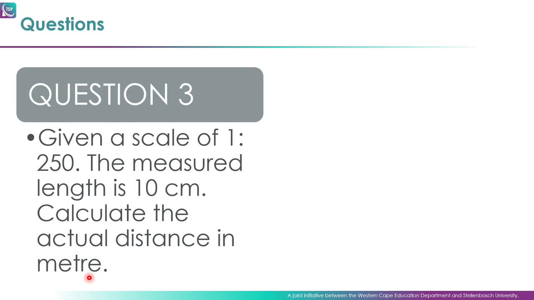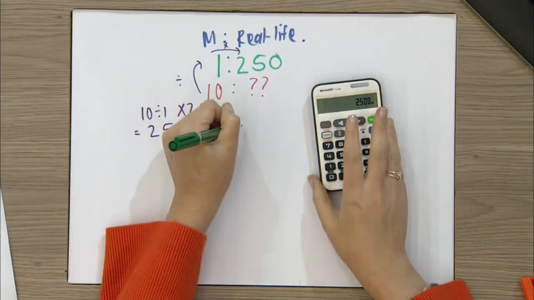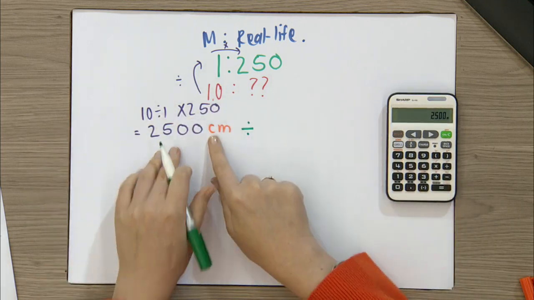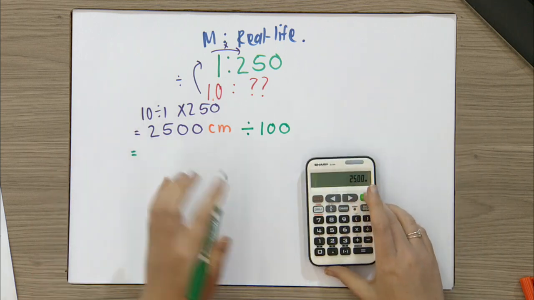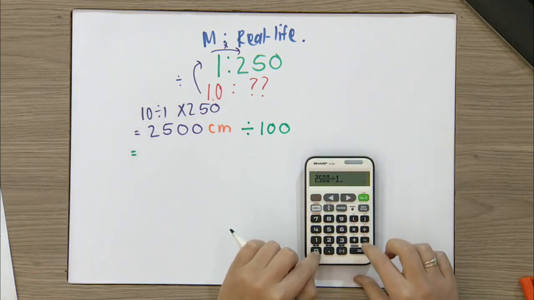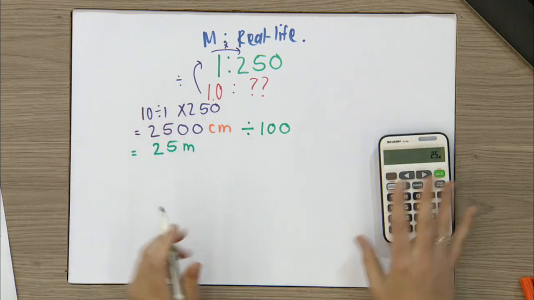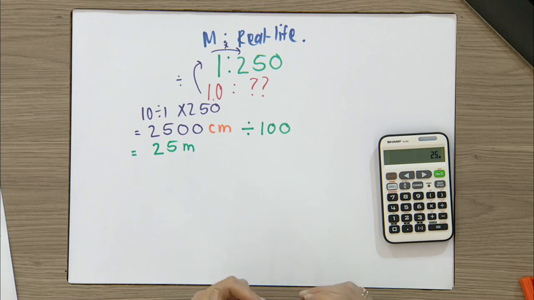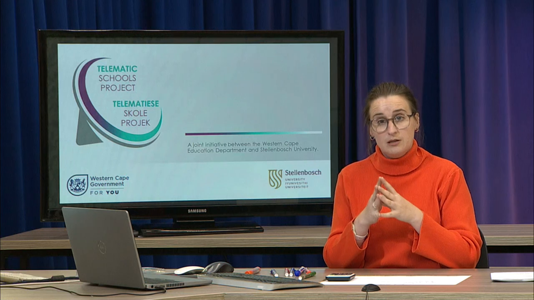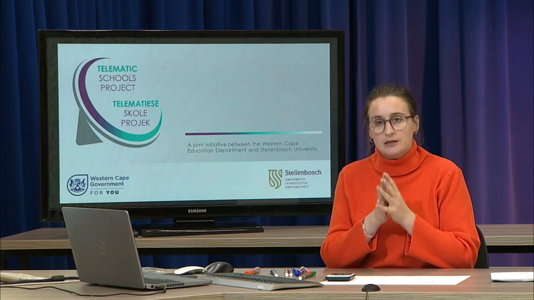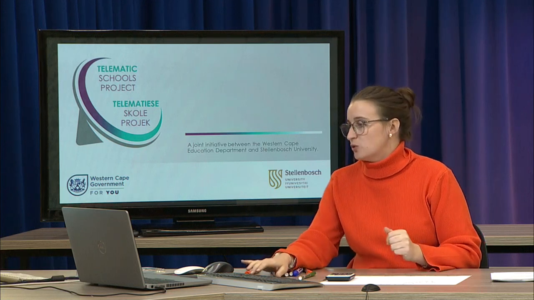So the question asked in meters, we currently have centimeters, so we know we will get a mark for going from centimeters to meters, which means I must now divide by 100. And now I get an actual distance between these two places of 25 meters. So grade 12s, see how we are looking at the method and we are consistently applying the same techniques to get to our answers.